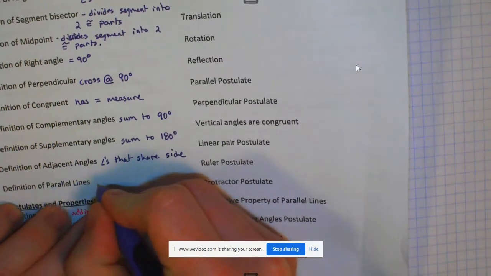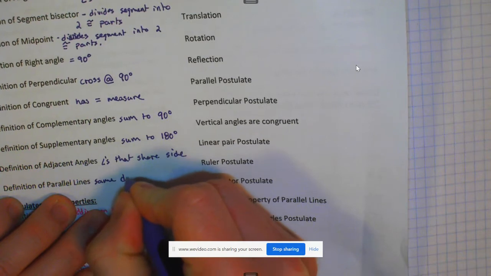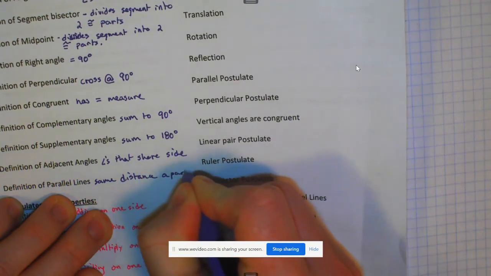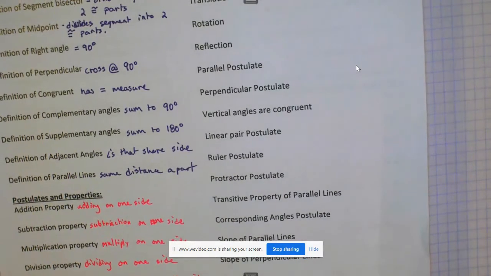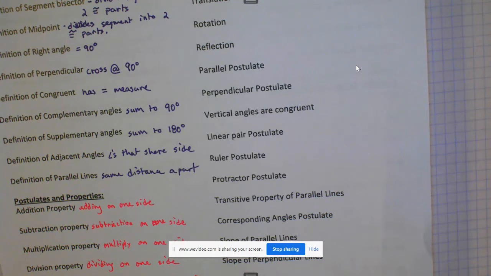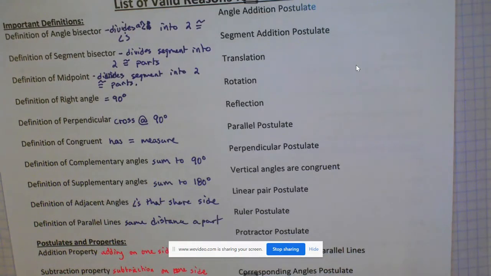Definition of parallel lines: same distance apart. These are some definitions that we've already gone over in unit 1, and we're going to look at using some of these as we move into geometry proofs.